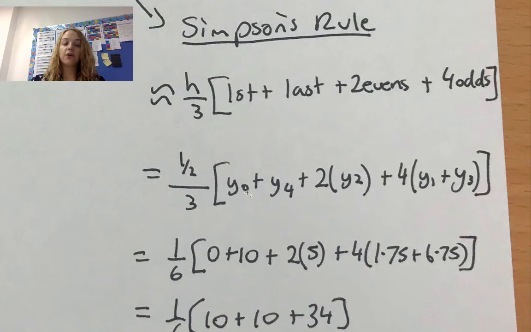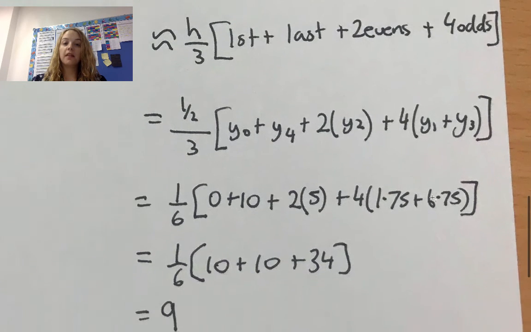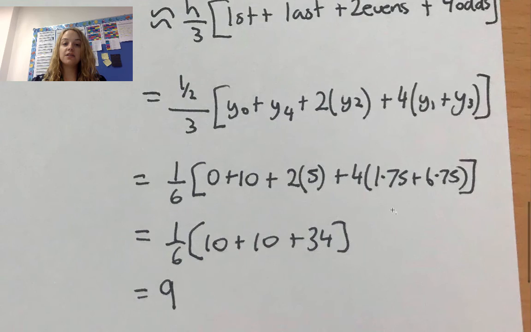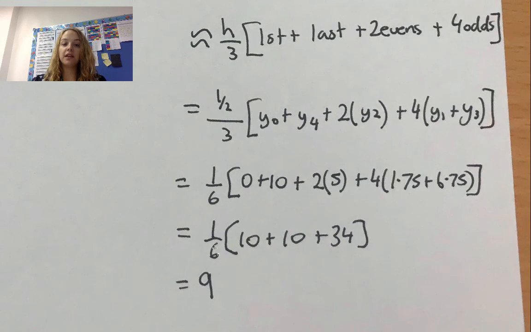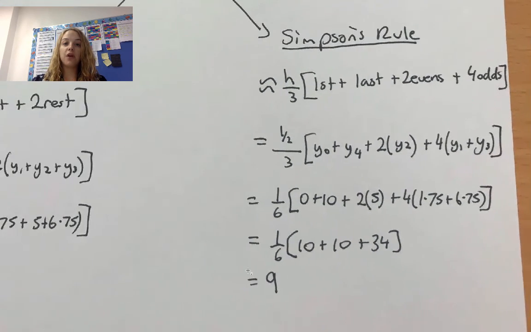We then take the first, y0, the last, y4, plus 2 times the evens, meaning even function values, so y2, plus 4 times the odds, y1 plus y3, where 1 and 3 are odd. Then you just substitute your values into the formula and you get your value, 9.